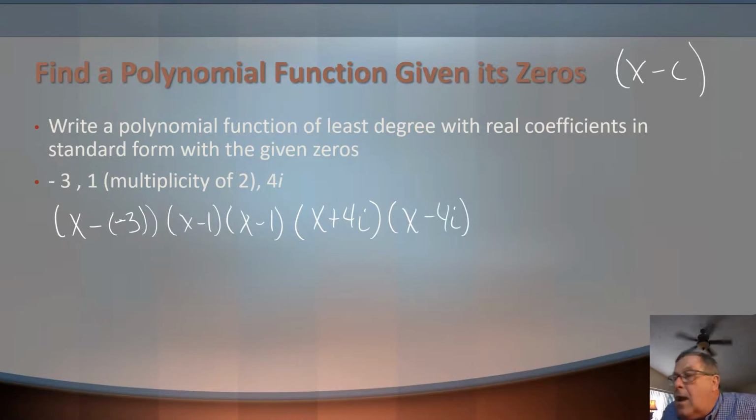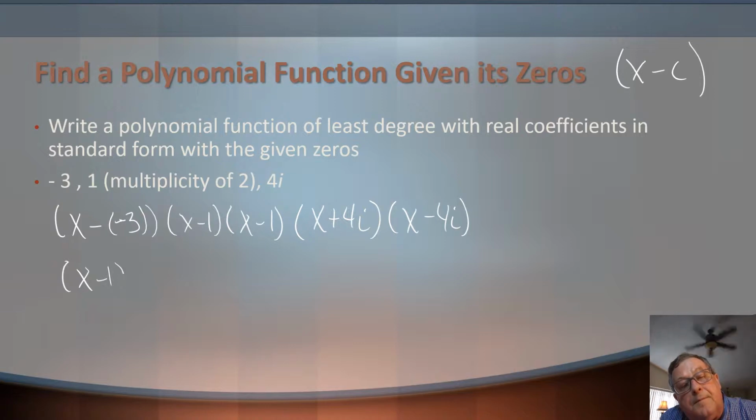Now we've got to do a lot of foiling and multiplication here, because we're going to write the polynomial function given these zeros. Let's start with x minus 1 times x minus 1.